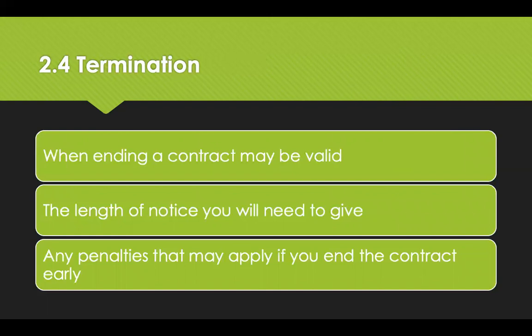Supplier contracts should include the expected standards of service, mutual responsibilities, as well as conditions for termination. These termination clauses should clearly describe when ending a contract may be valid, the length of notice you need to give, and any penalties that may apply if you end the contract early.